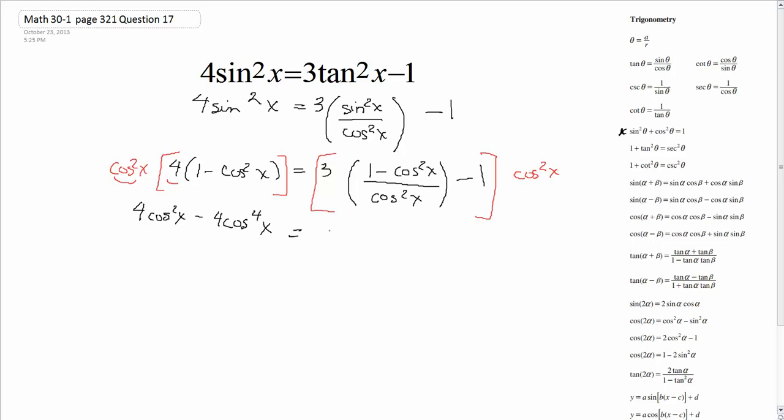And this is equal to 3 minus 3 cos squared x, minus cos squared x. And now I can simplify this. The left-hand side is 4 cos squared x minus 4 cos to the 4th x, and the right-hand side becomes 3 minus 4 cos squared x.